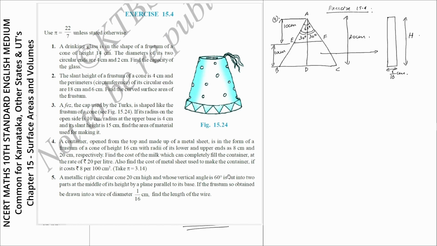Now since the frustum is converted into a wire or a cylinder, the volume of the frustum will be equal to the volume of the cylinder or wire.